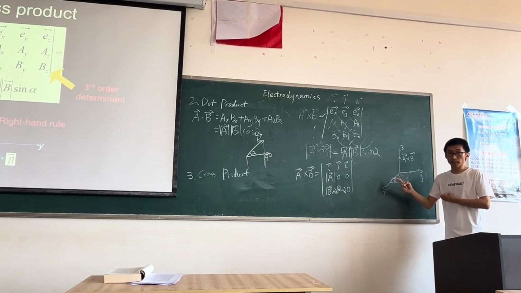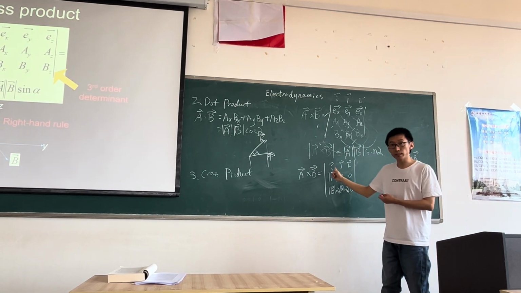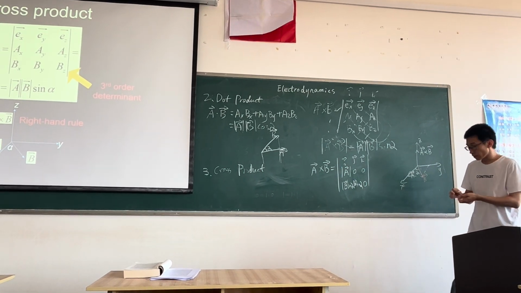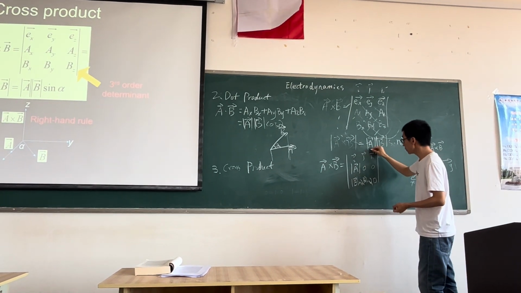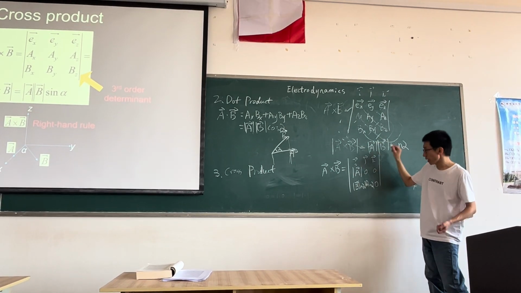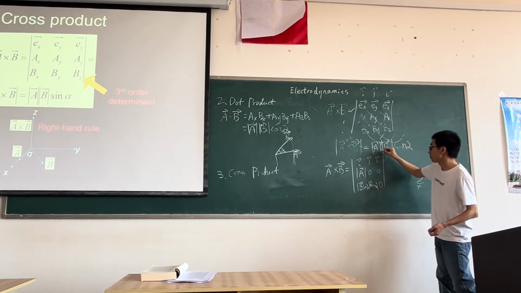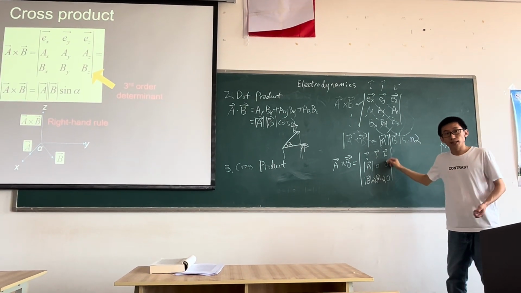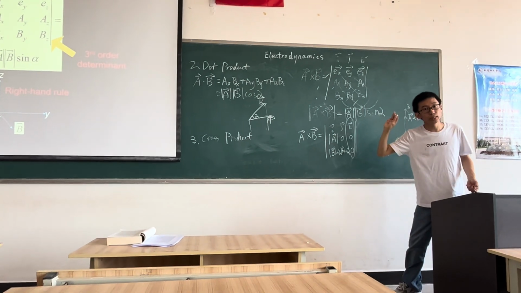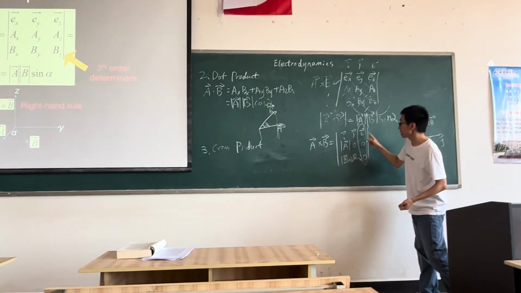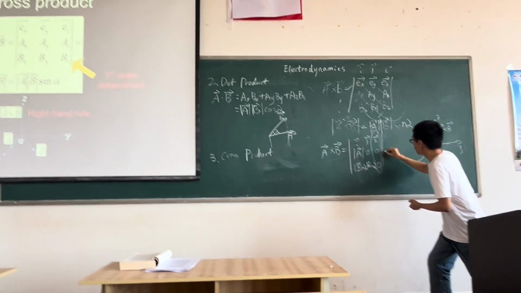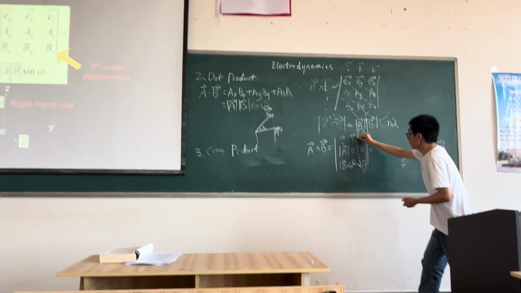And this is a third order determinant. Let's expand this third order determinant. It has so many zeros, so how do we expand it? Let's choose the third column and expand according to it.